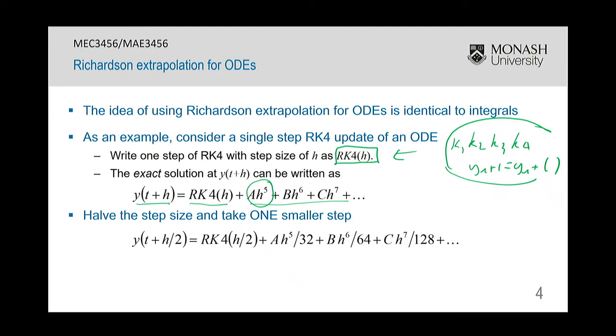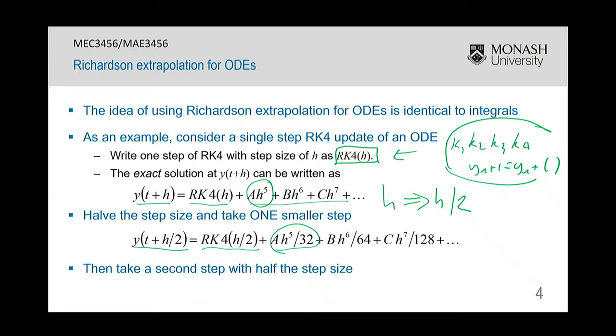If we were to halve the step size and take one smaller step, we would see that y of t plus h on 2 is equal to RK4 of h on 2, so that's just one step of the RK4 method with a small step size, plus again a series of error terms. But now, again, h has been replaced by h on 2, so we end up with a h to the fifth on 32 as the leading error term.